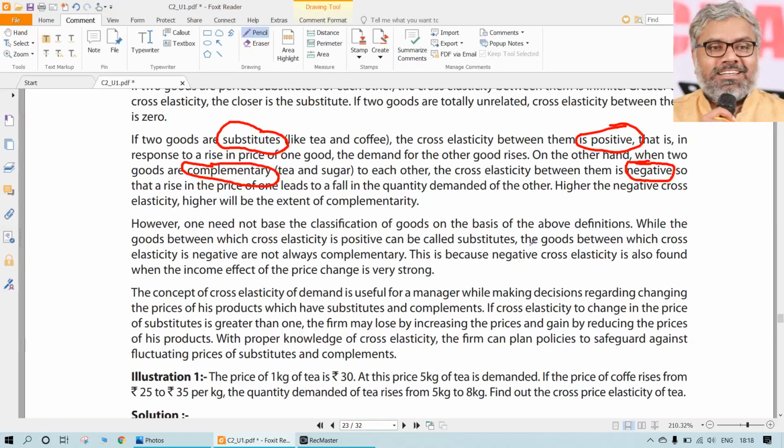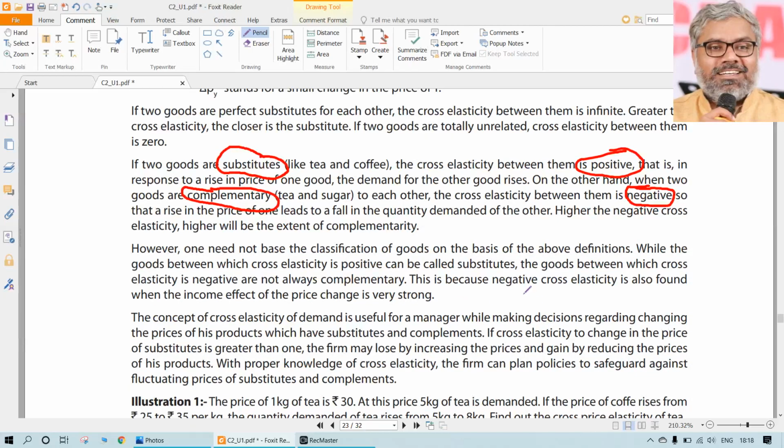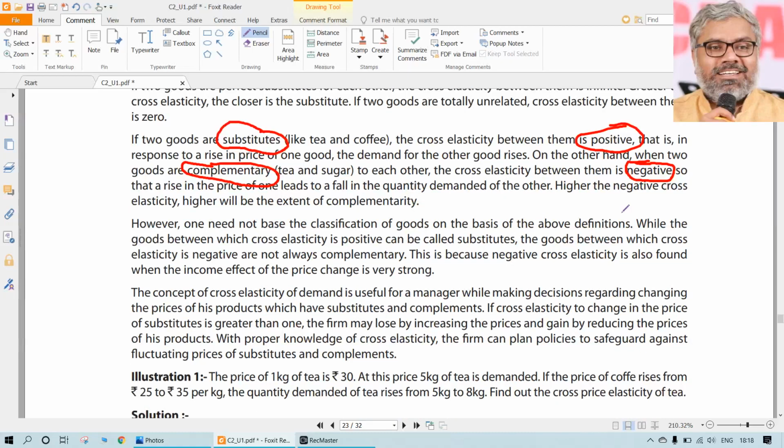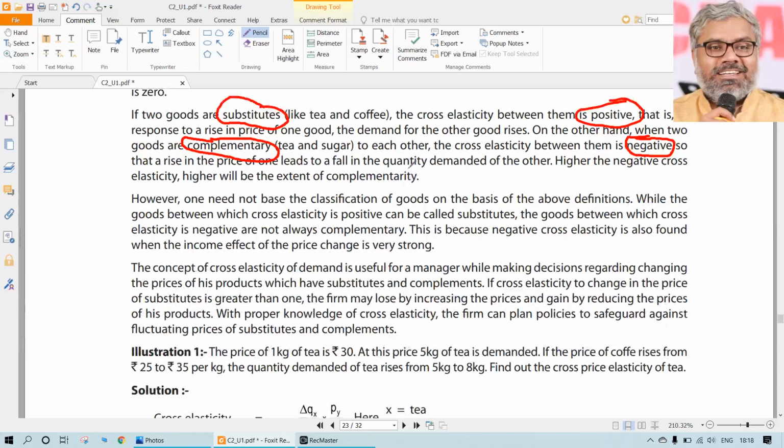But of course, it is not necessarily true that if the cross elasticity is negative, the goods are always complementary. That is a reverse point we have to note once again. If the goods are substitutes, cross elasticity will be positive. If the goods are complementary, the cross elasticity will be negative. That does not mean that wherever there is a negative cross elasticity, it automatically refers to a complementary commodity.